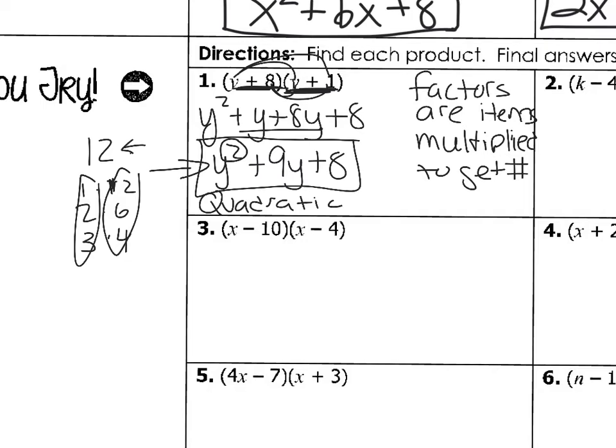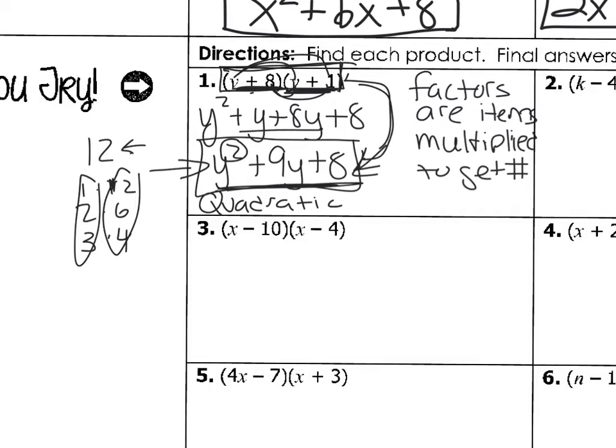Well, if I said, what are the factors of this quadratic? These are the factors of the quadratic. If you multiply y plus 8 times y plus 1, your answer will be this. So those binomials are factors of this quadratic.